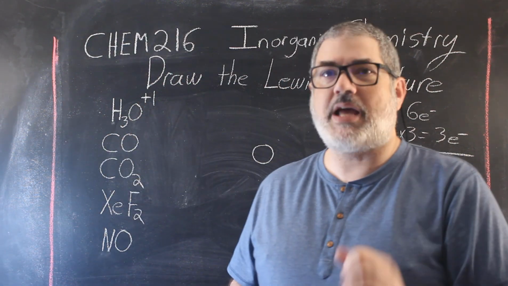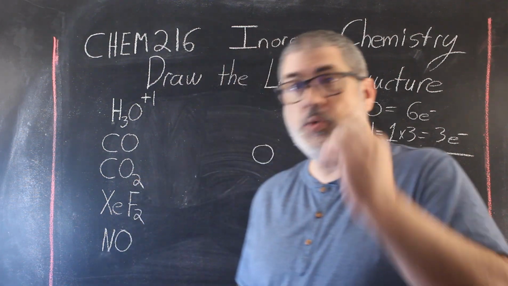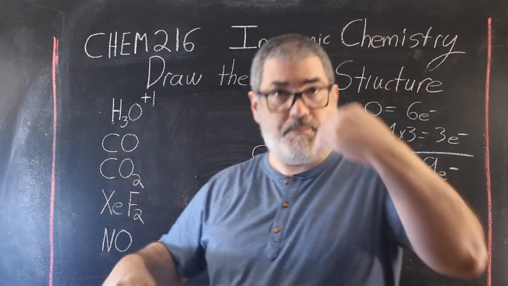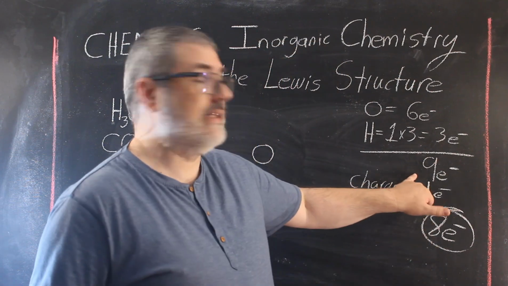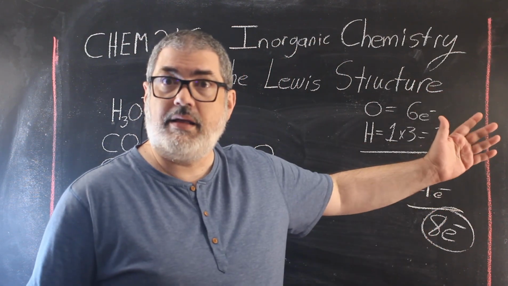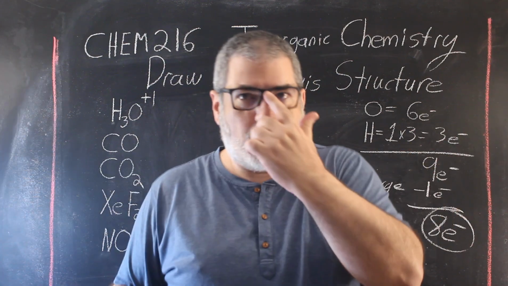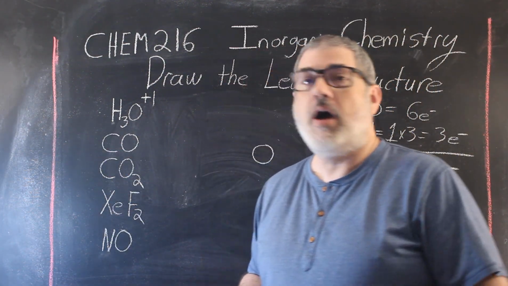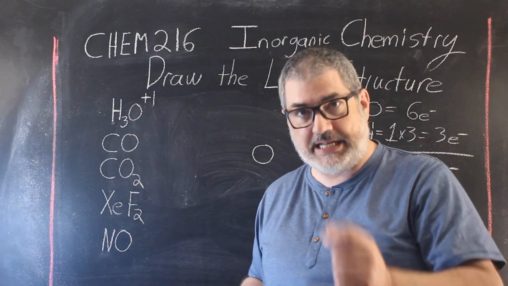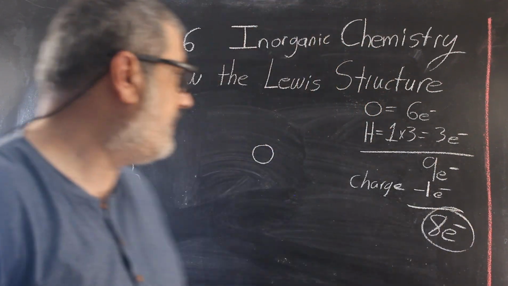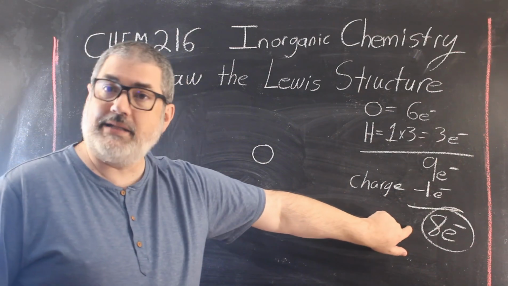So many times I have seen a Lewis dot structure where this is interpreted backwards. So instead of a 9 electron species going to 8, you go from 9 to 10, and then it doesn't work, right? So again, that's usually a huge red flag if you have too many electrons or too few electrons in a charged species, that you reversed what you were supposed to do. Okay, so now 8 electrons.